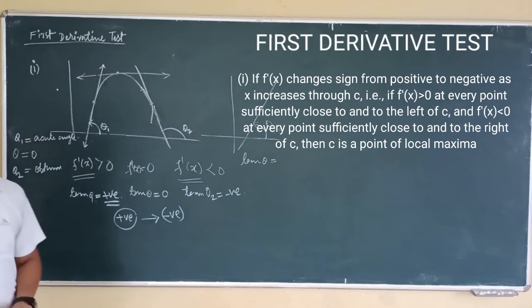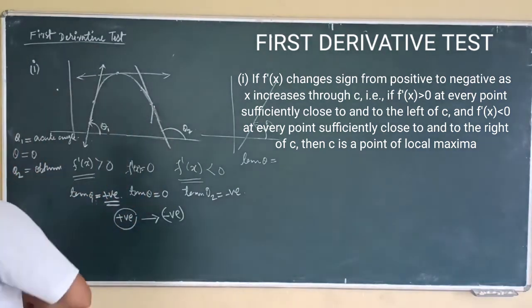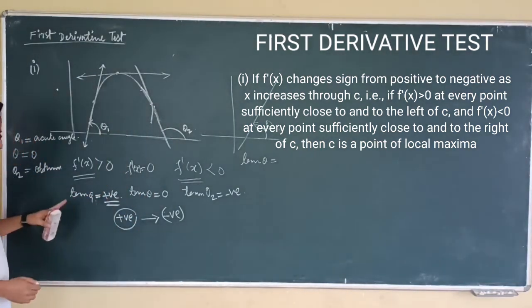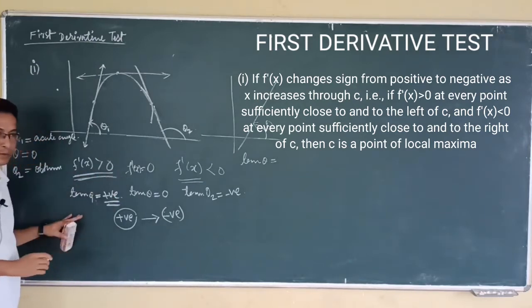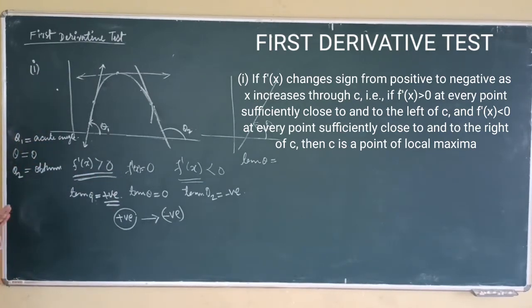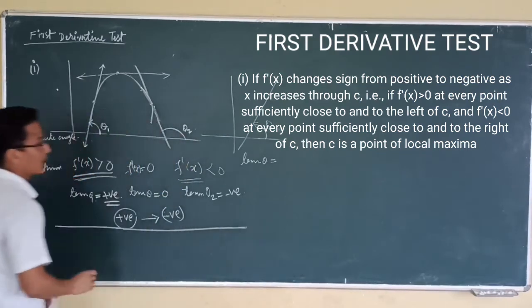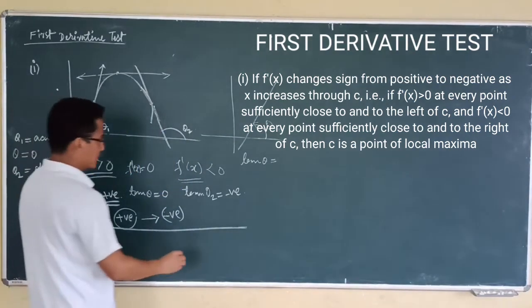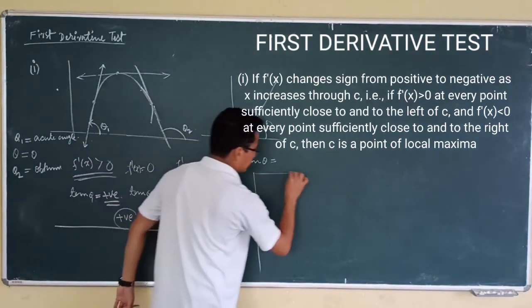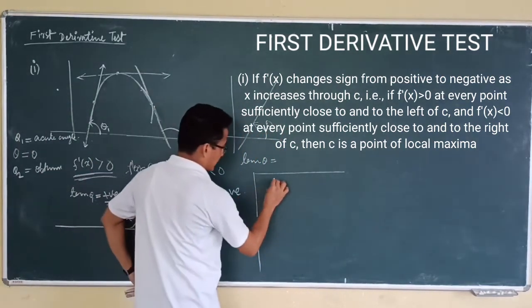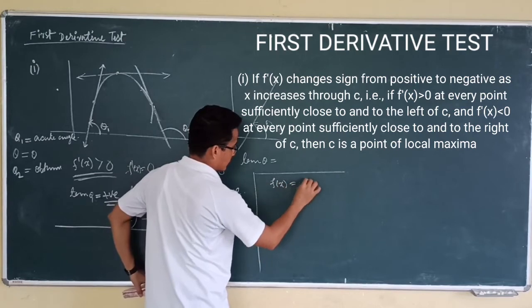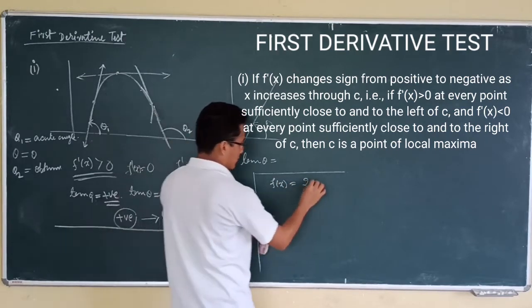So once again I tell you, if the function is like that, first of all, how do we find a critical point? Let's see how we find a critical point. Suppose some function f of x is given, say 2x square.